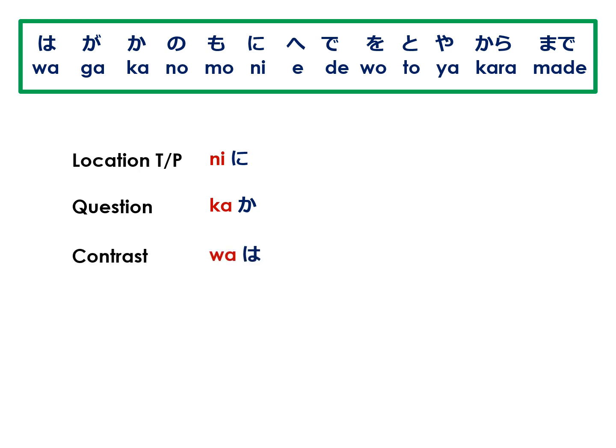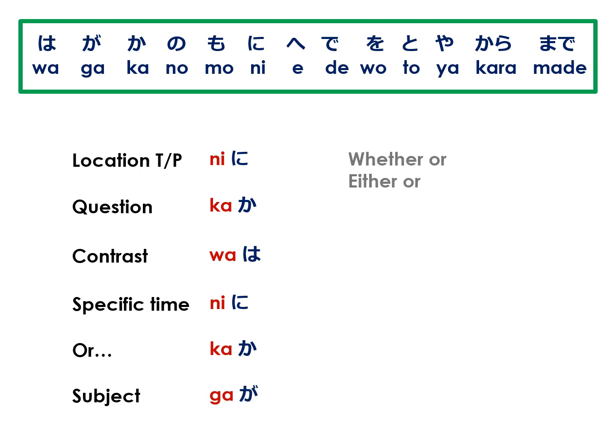Contrast. Wa. Specific time. Ni. Or. Ka. Subject or the doer of the action. Ga. Whether or, either or. Ka. Also. Mo. Apposition or people's titles.